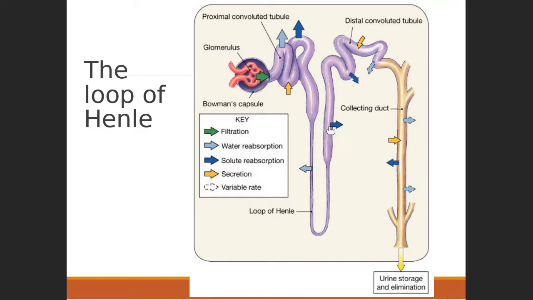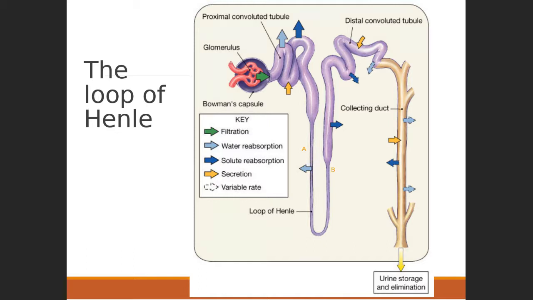So just for ease of nomenclature here, if we label the descending limb as A, and we label the ascending limb as B, we can rattle them off a little quicker.